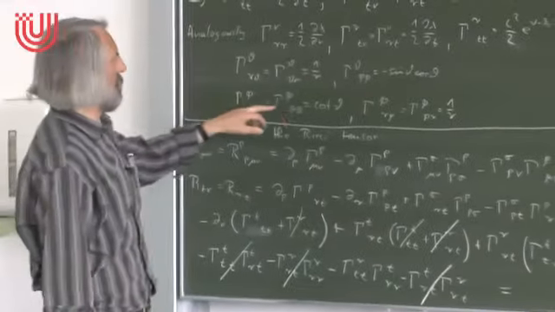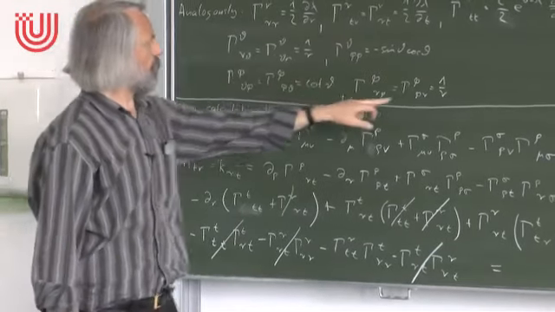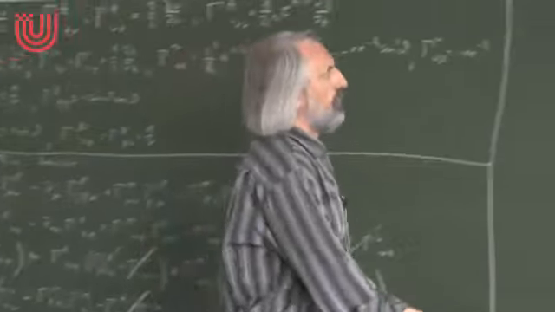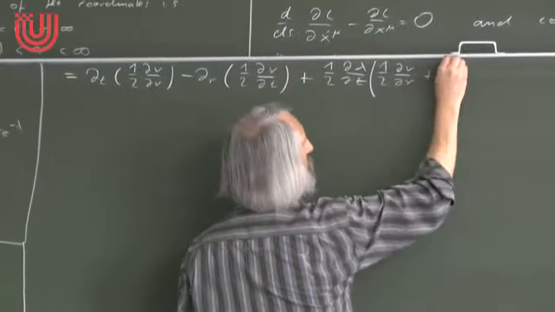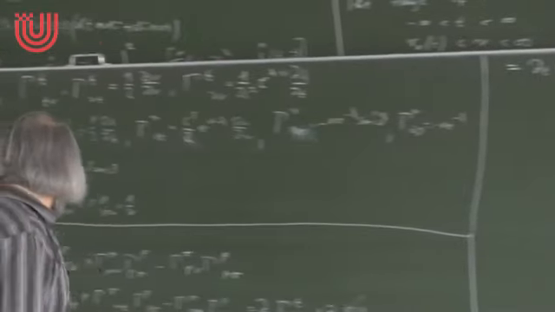Theta theta r is 1 over r, and phi phi r is also 1 over r. So I get 2 times 1 over r. This was this term here.